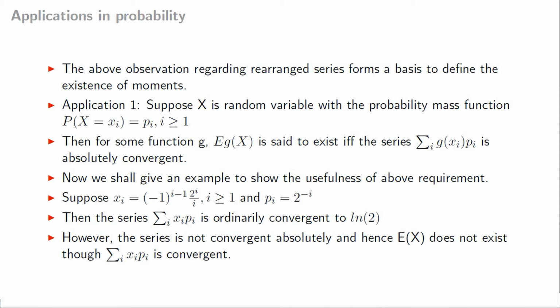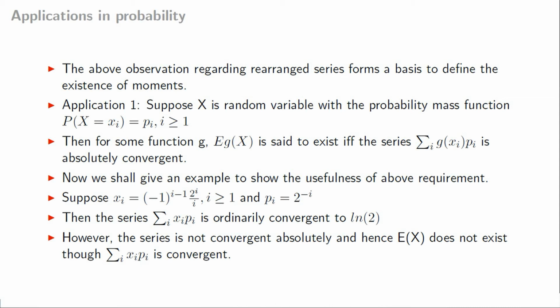Suppose xi is minus 1 to the power i minus 1 multiplied by 2 to the power i by i, and pi is taken as 2 to the power minus i. Then it is easy to observe that the series summation xi pi, which is nothing but minus 1 to the power i minus 1 divided by i, is ordinarily convergent and converges to log 2.